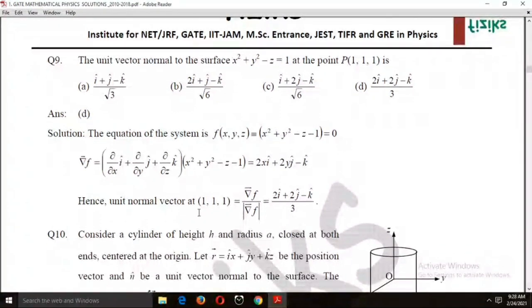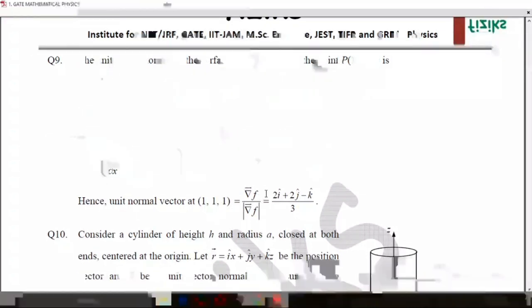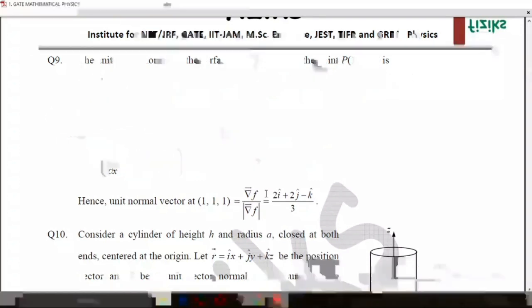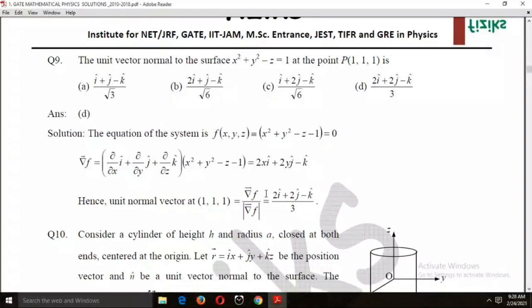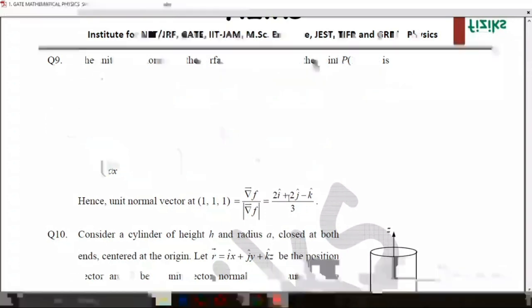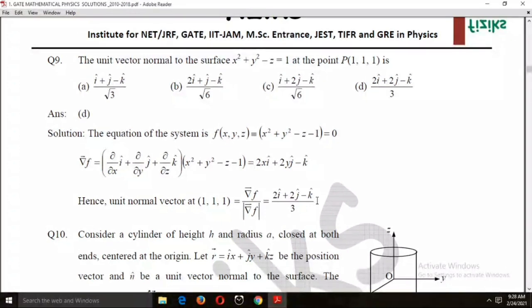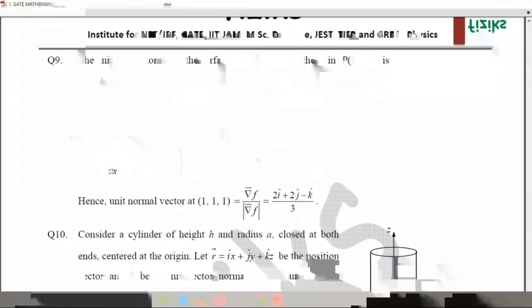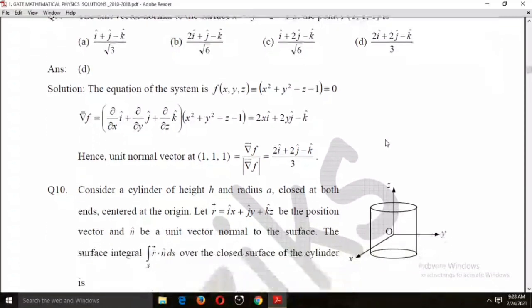Hence the unit normal vector at (1,1,1), giving the value x, y, z as 1, 1, 1, will be the vector divided by the mod of the vector. So it will be (2i plus 2j minus k) upon 3. So our answer will be D. Option D will be the answer.